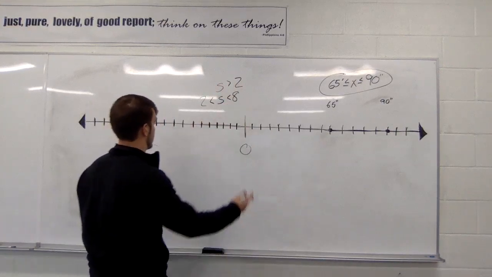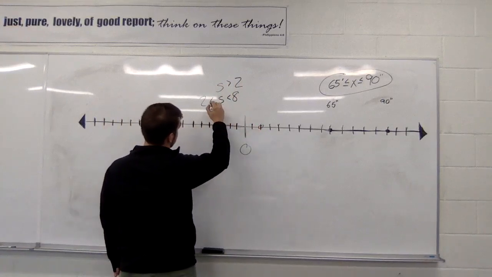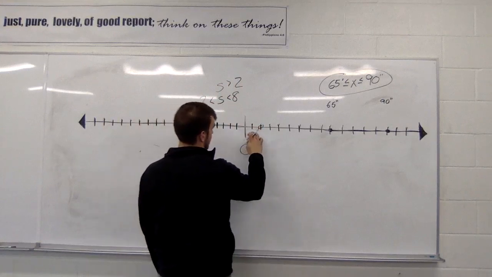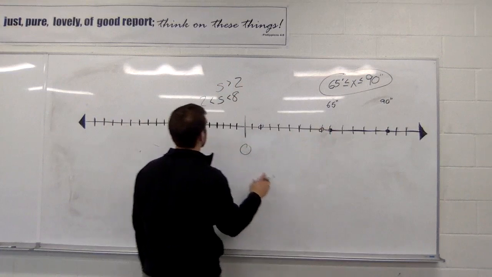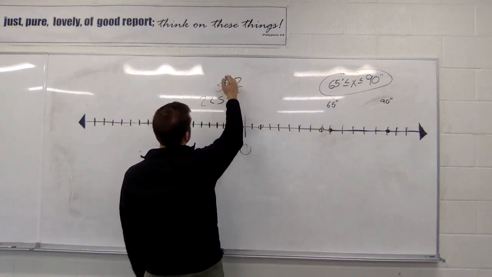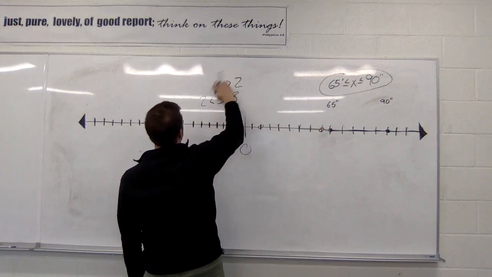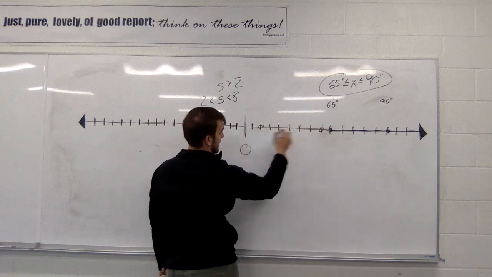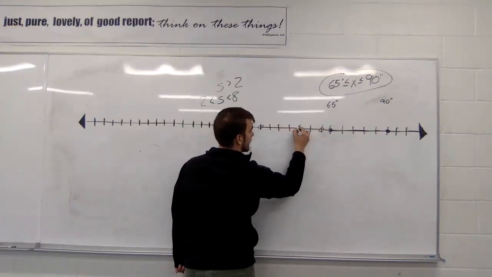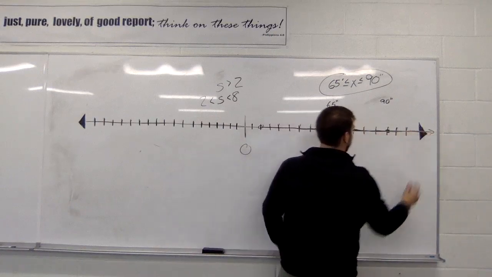So what you would do here is you have 2, so you would find 2, 1, 2, put a hollow circle because it is not equal to, and find 8, 1, 2, 3, 4, 5, 6, 7, 8, put a circle in there. Now what's it saying here? Excellent. So s is greater than 2. So right here's 2, s is greater than that, so the line's going to go that way, on up through, like that.